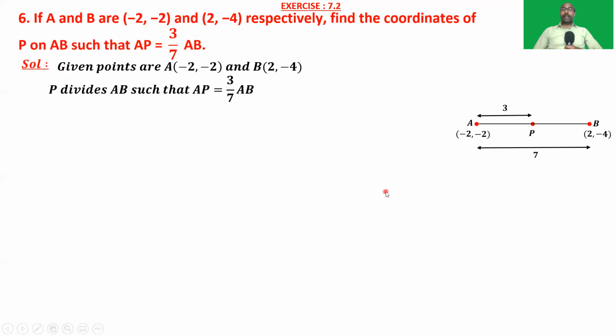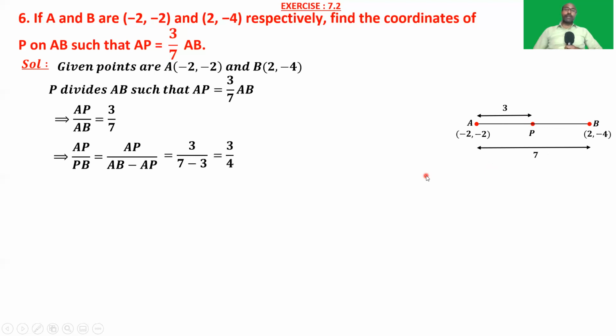AP is equal to 3 by 7 of AB. So from this we can write AP by PB, where PB is equal to AB minus AP, isn't it? So AP is 3 parts and PB is 7 minus 3, 4 parts.